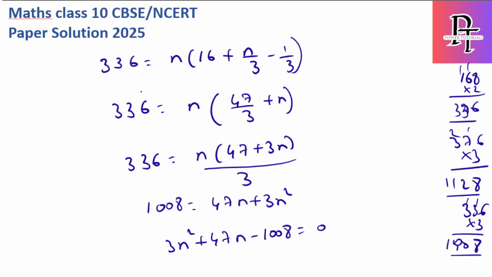Okay, 336 is equal to n into 16 minus 1 by 3. 16 threes are 48, 48 minus 1 is 47 by 3 plus n. Okay, here I made another mistake. It is n by 3 here. So this becomes 47 plus n.